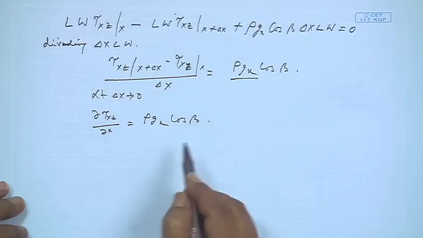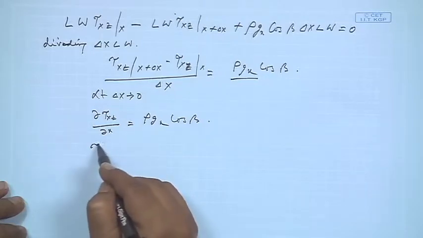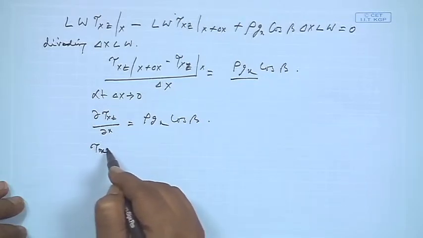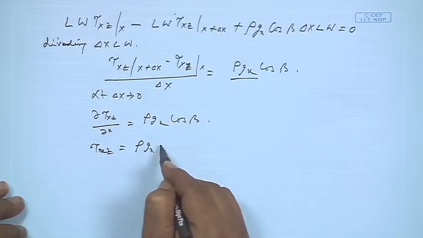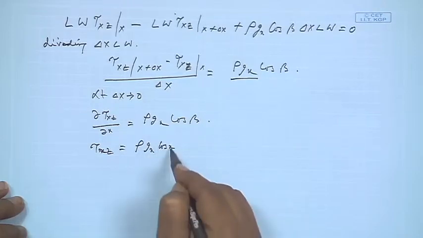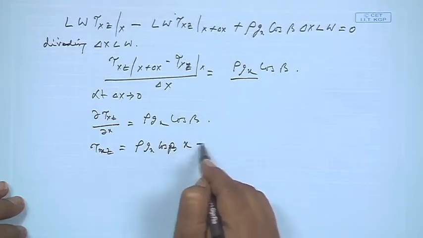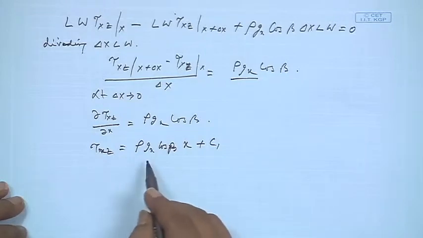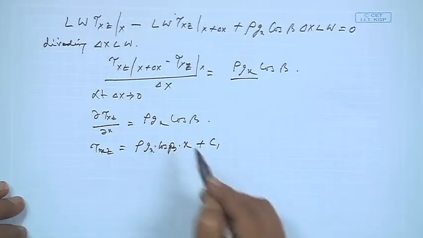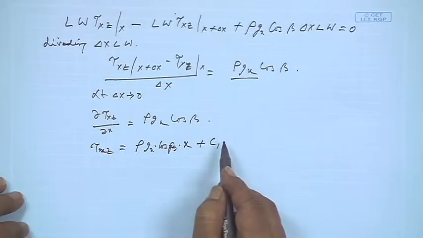On integrating this, we can say that tau xz equals rho g x cos beta into x plus C1, where C1 is the integration constant.